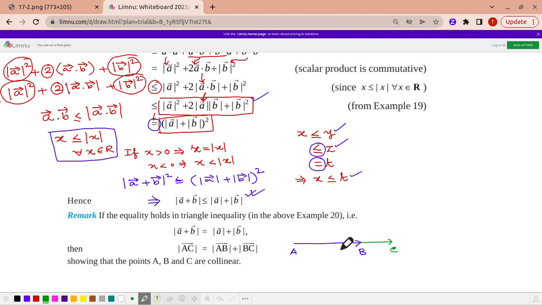Now obviously, dear students, the mod of the vector AC is nothing but mod of the vector AB plus mod of the vector BC. So that shows the points A, B, C are collinear. So that is one remark I wanted to mention.